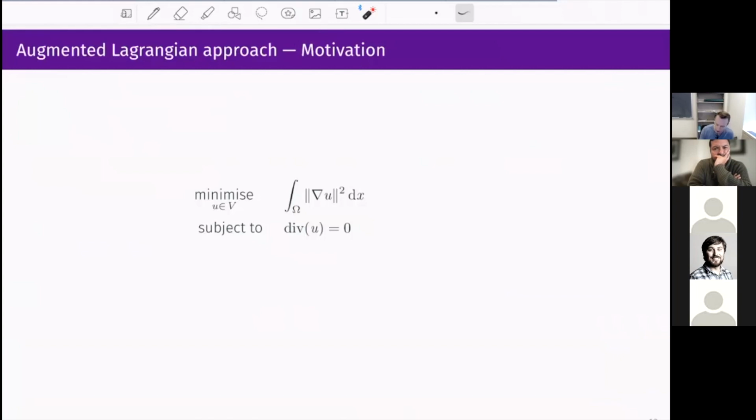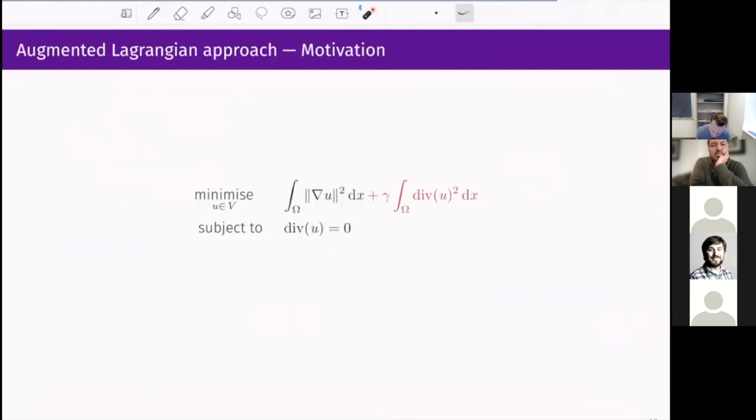You introduce a Lagrange multiplier that ends up becoming the pressure, and this results exactly in the Navier-Stokes equation. Even if you've never solved a PDE in your life, and you're an optimization person, and I give you this problem with this equality constraint, a first idea for how to solve it would be to add a penalty to your objective in order to enforce this constraint, right?